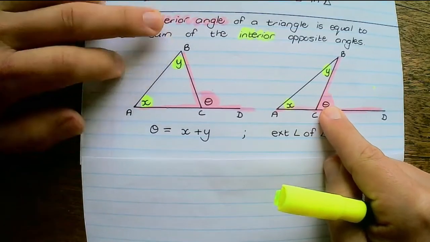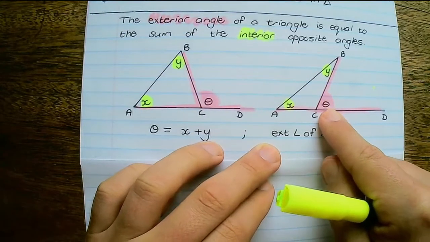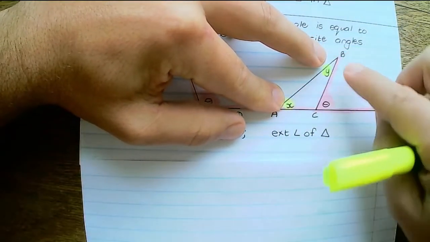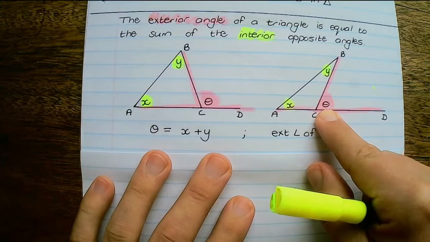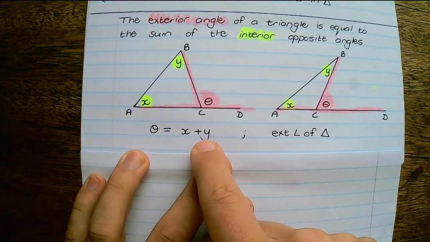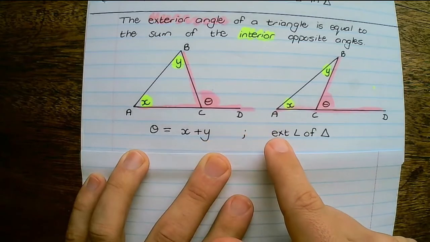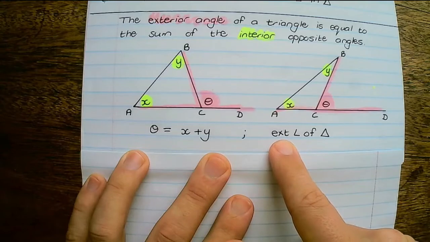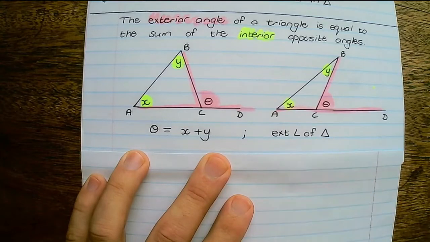In this example as well, theta is on the exterior and X and Y on the other side of that triangle. So now we have theta is equal to X plus Y, and the reason is exterior angle of triangle, EXT angle of triangle.